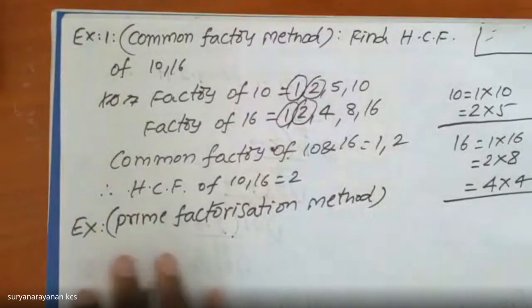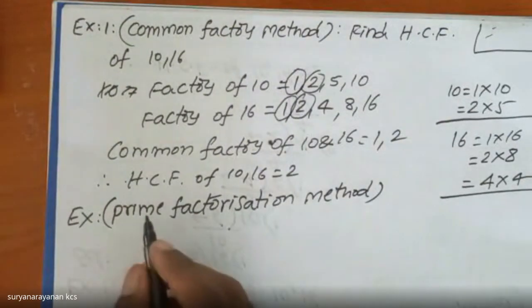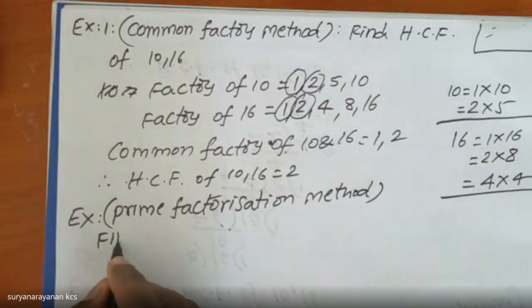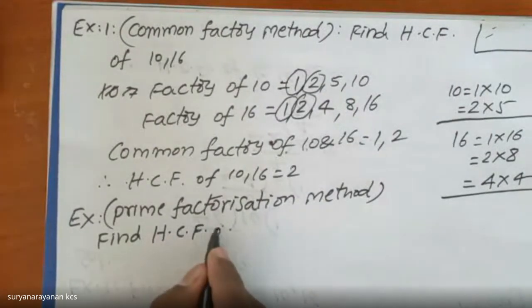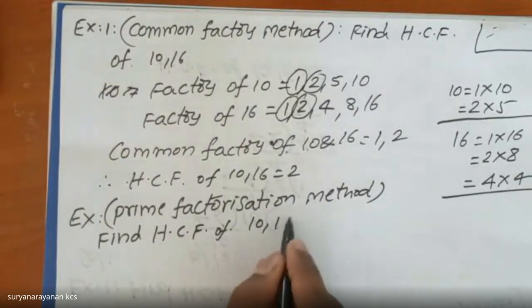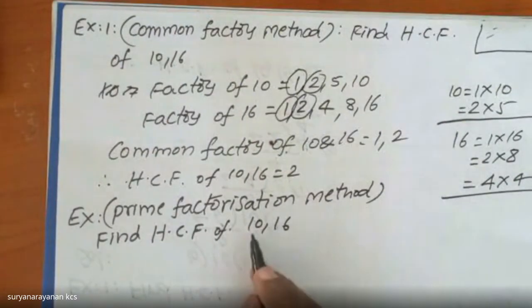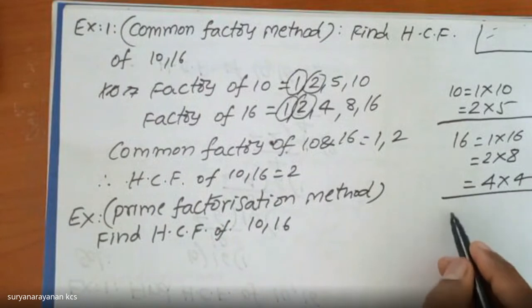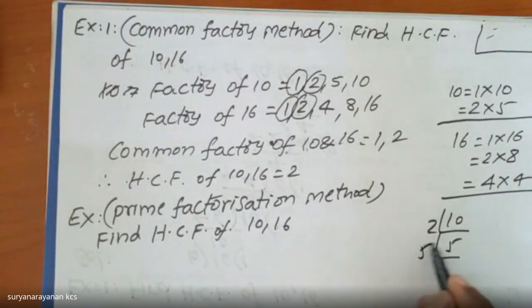This is called the prime factorization method. The third method is called the prime factorization method. Find HCF of 10 and 16. For the same two numbers, I am explaining the third method. In this method, we write each number as a product of prime numbers, like in LCM.